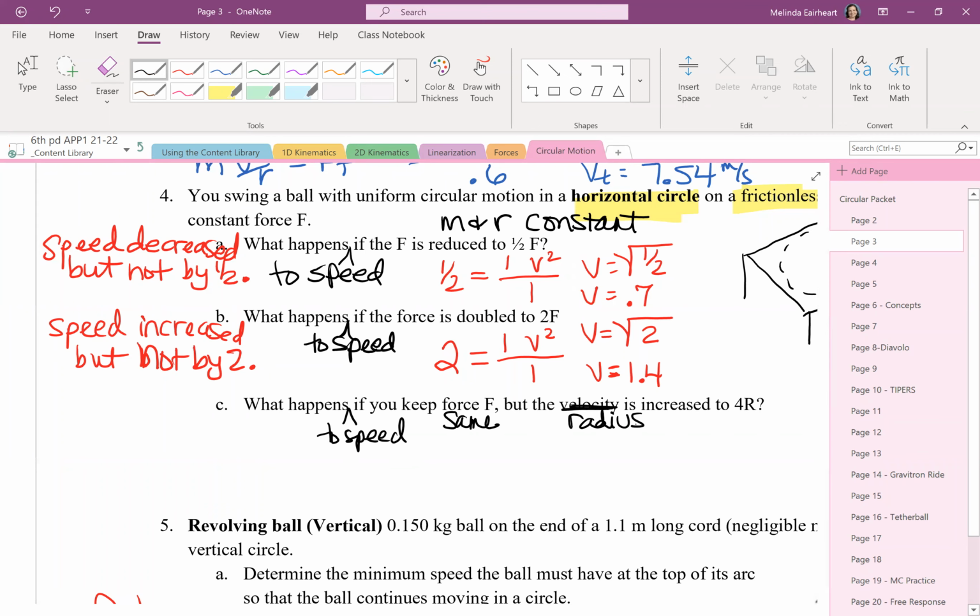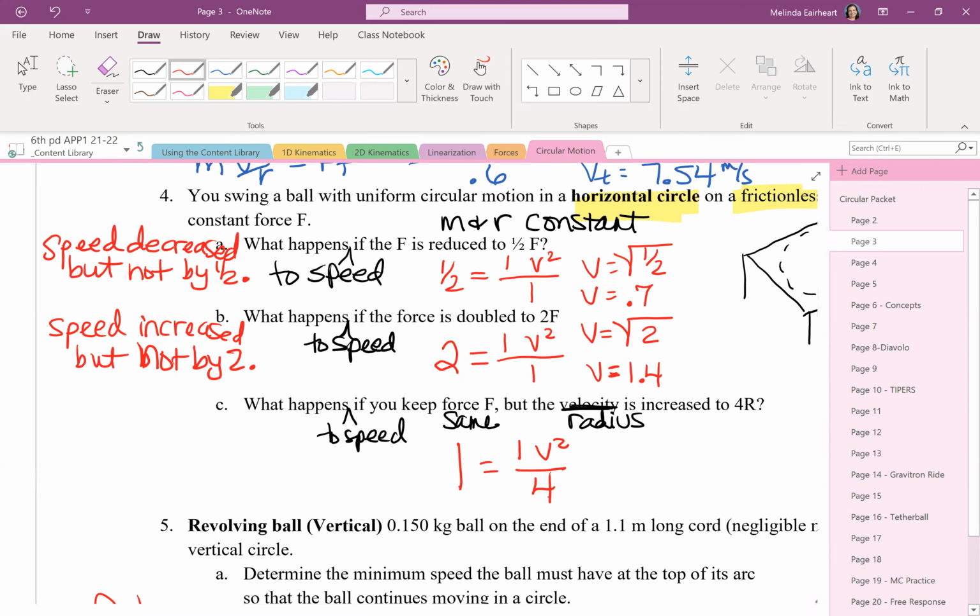So again, we started at everybody was 1. Now we're going to keep the same force, 1. Mass had no change. We're trying to figure out the V. Here, what they've changed is the radius. They increased it from our original 1 to 4.